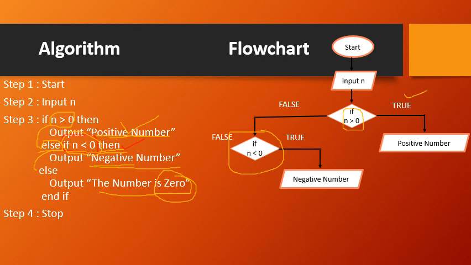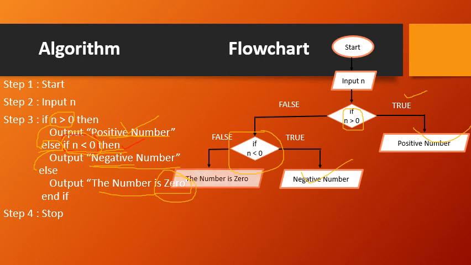Okay, you just see here the flow of execution. If it is positive, well and good, it is a positive number. If it is not positive, it will come on to this part. Then again, we will try to check the condition. If this condition is true, then we will say it is a negative number. If this is also not the case, means it is not positive, it is not negative, then definitely what? It will be a 0.